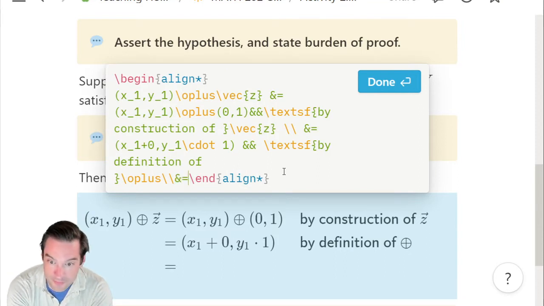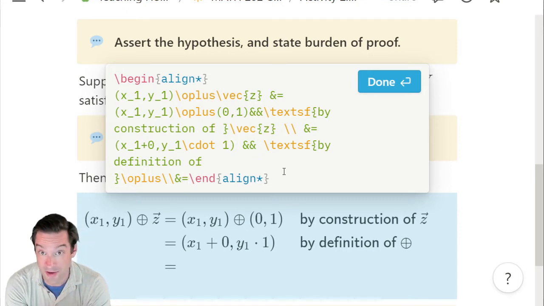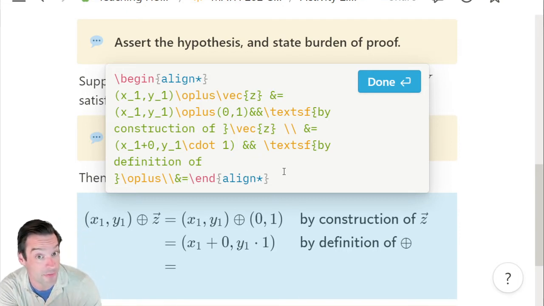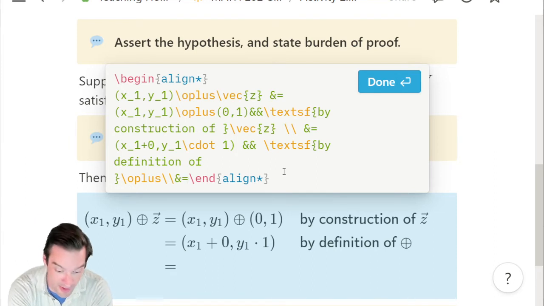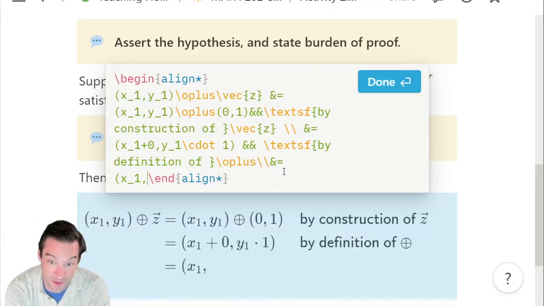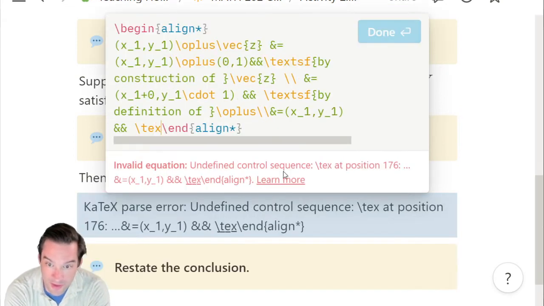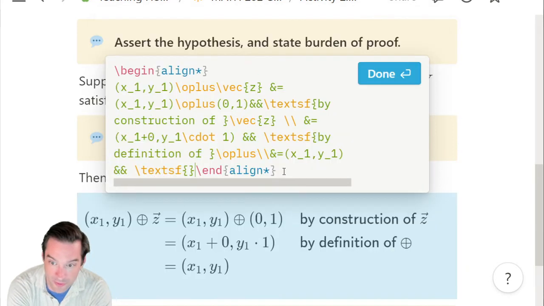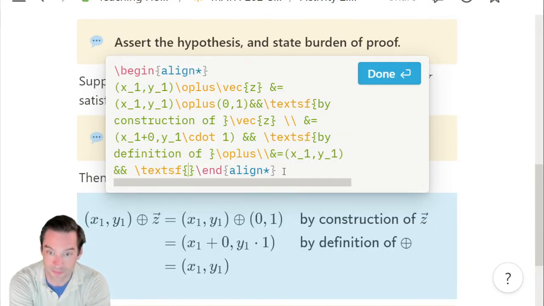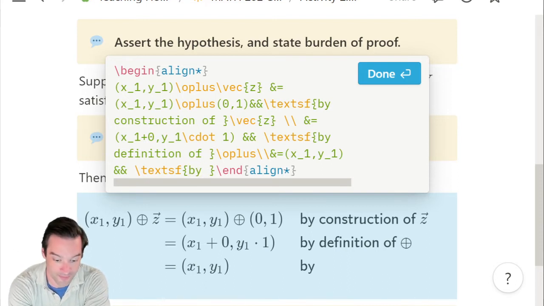Okay. And the next thing that I ought to do is try to simplify. Right? I have x1 plus 0. I know that I can simplify that just by properties of real number arithmetic. What is x1 plus 0? It's just x1. What is y1 times 1? It's just y1. And so what's my warrant there? Like, how do I know that the thing that I just wrote down is true? Because they're just normal scalar numbers?